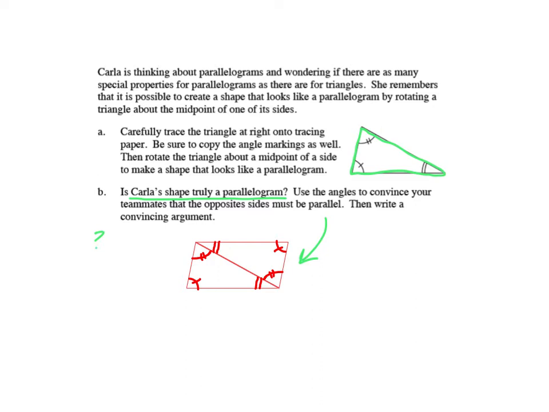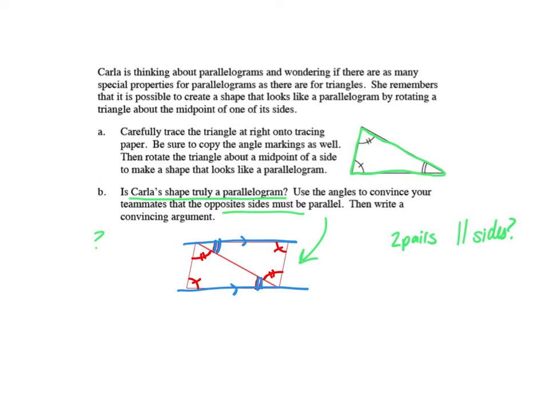Well, by definition of a parallelogram, that would be two pairs of parallel sides. So I guess the question is, do I know that opposite sides have to be parallel? Well, if you think about our converse lesson yesterday, parallel sides come from having alternate interior angles that are congruent.